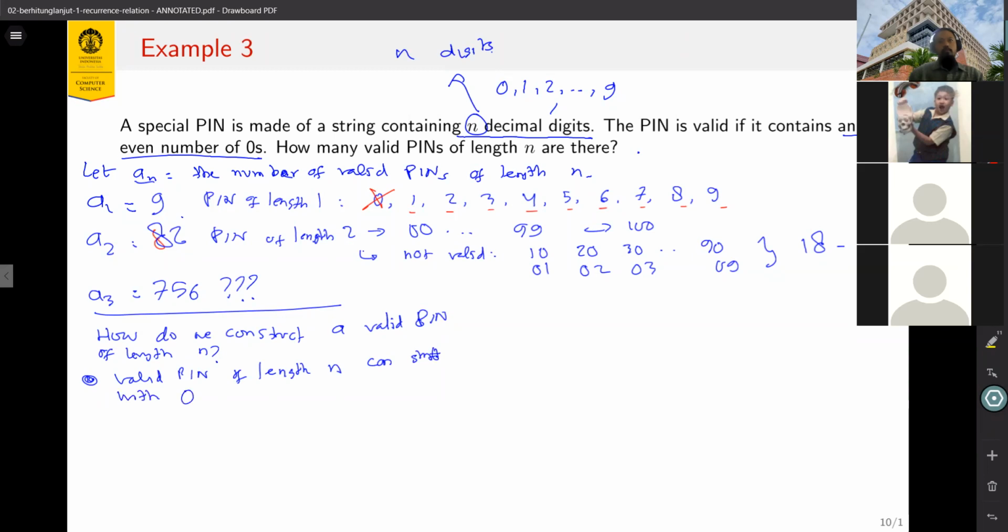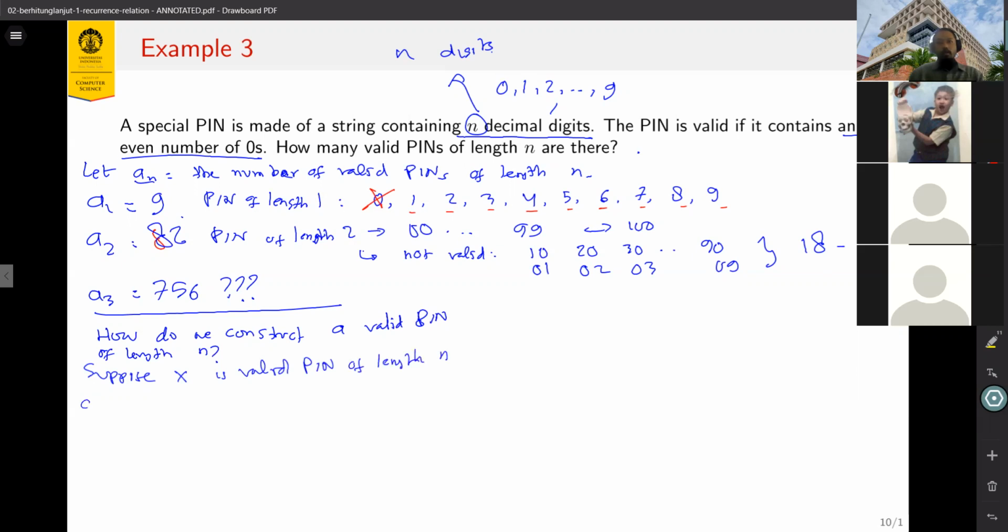Let me write it down here. Let's write it down. Suppose X is a valid pin of length n.